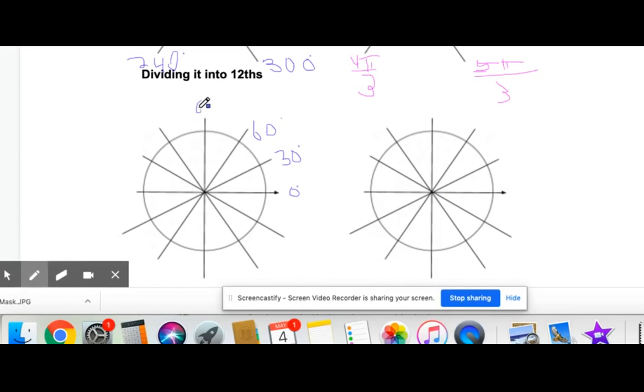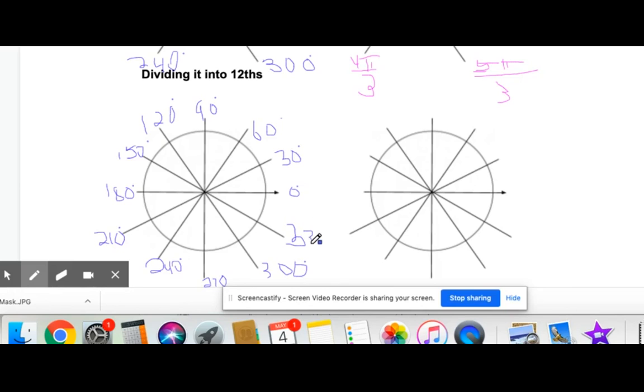30 more is 90. 30 more is 120. 30 more is 150. 30 more brings this one to our 180. 30 more is now 210. 240. 270. 300. 330.